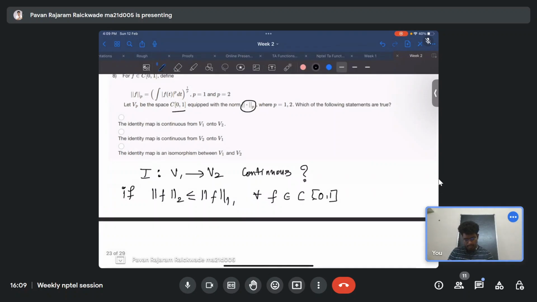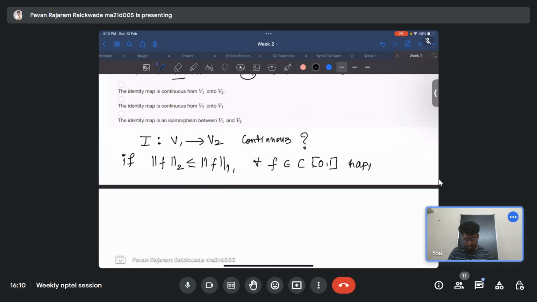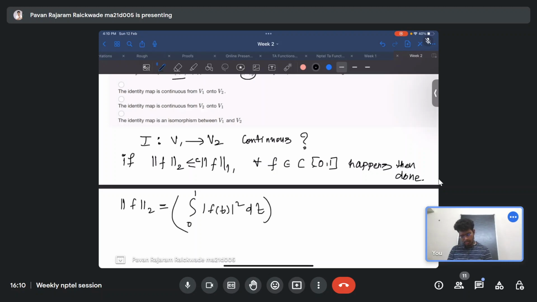Not just less equal, some C times, suppose, then done. Right? So what is norm f2? It's integral 0 to 1 modulus of f(t) squared dt raised to 1 by 2. And norm f1 is simply integral 0 to 1 modulus of f(t) dt.